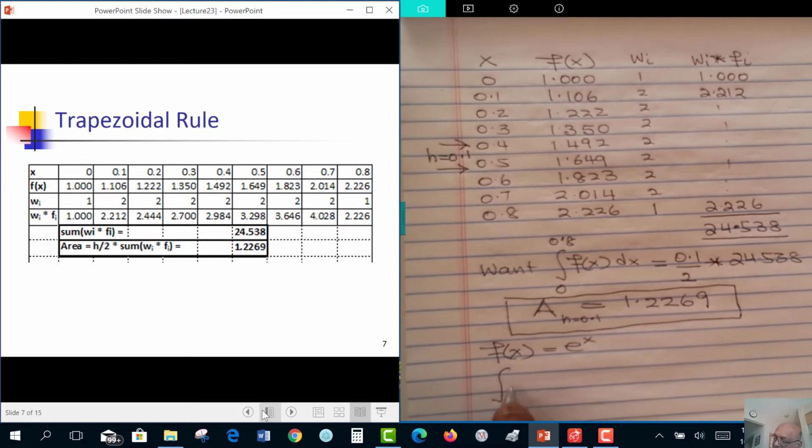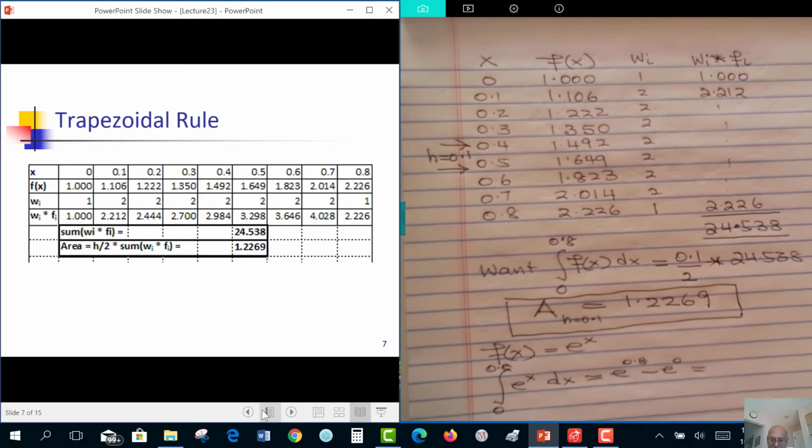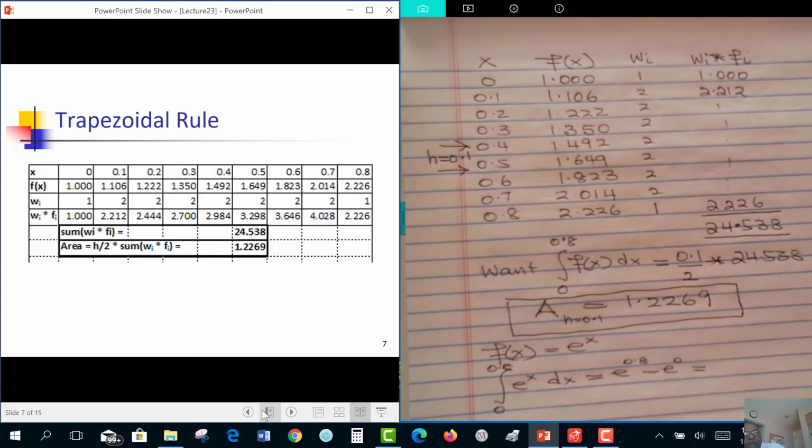So if we integrate e to the power x from 0 to 0.8, we will get e to the 0.8 minus e to the 0, which is going to be 1.2255. So this is our true value.